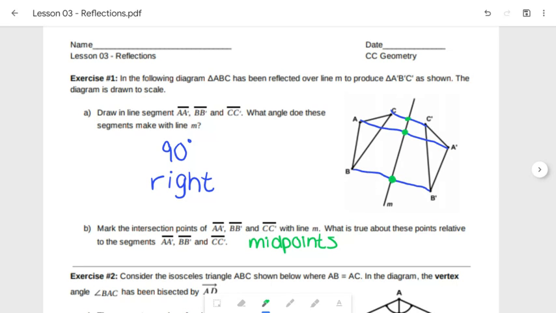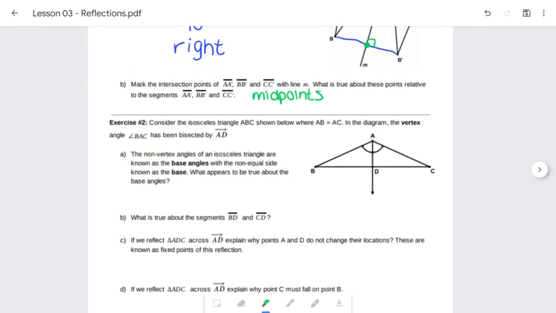So if we have the line of reflection here, notice it's making right angles with our pre-image and image. It's also cutting that distance in half. It's like falling right in between. The line of reflection is always a perpendicular bisector. We're going to see that in a couple more examples as we keep moving forward.